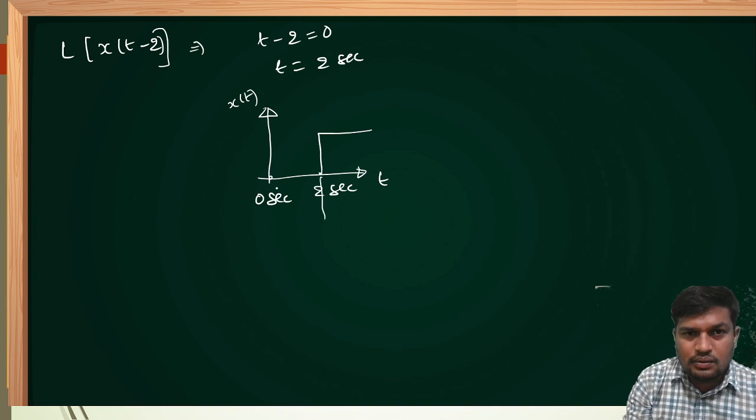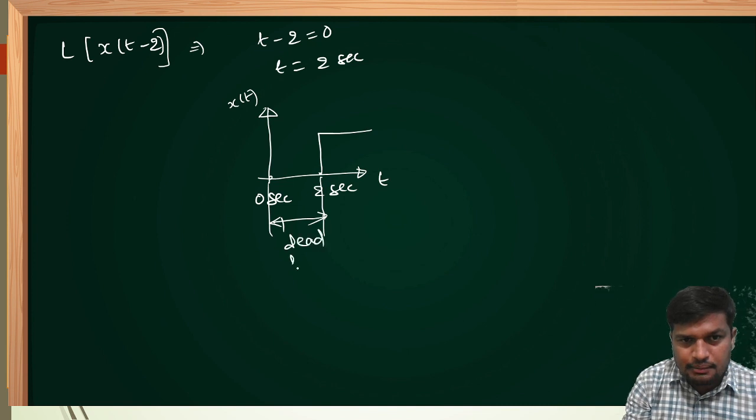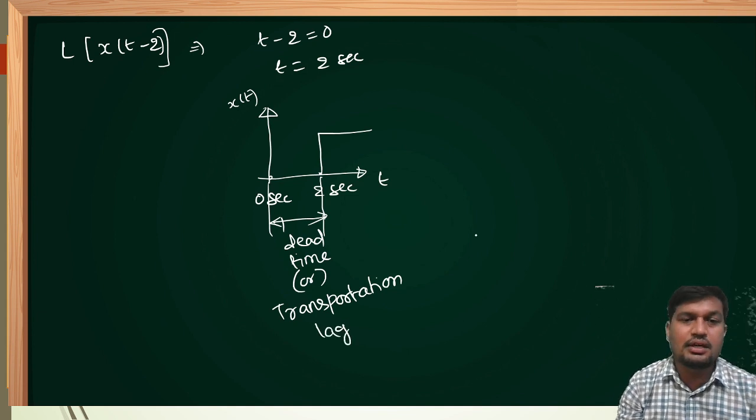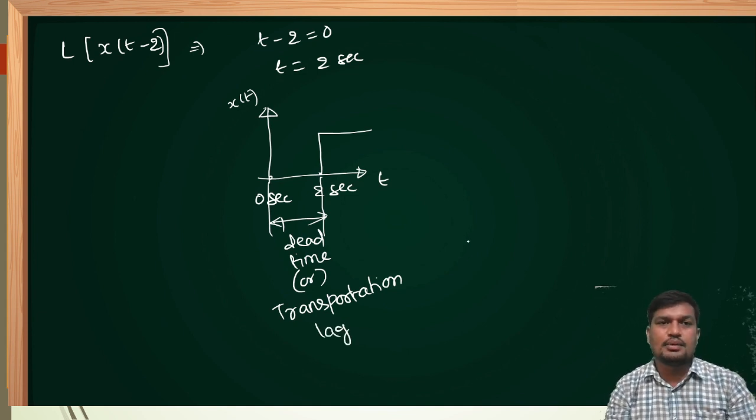Now, from 0 to 2 seconds, the system is not responding. Therefore, this period is called dead time, or also called transportation lag. How this dead time or transportation lag influences stability, we will discuss in depth when the stability class starts.